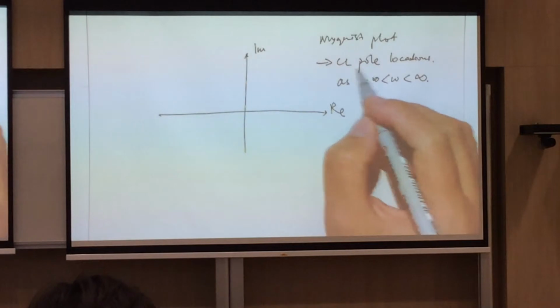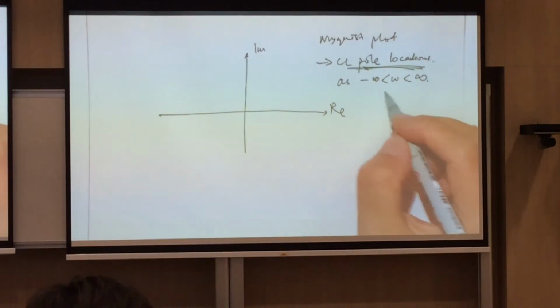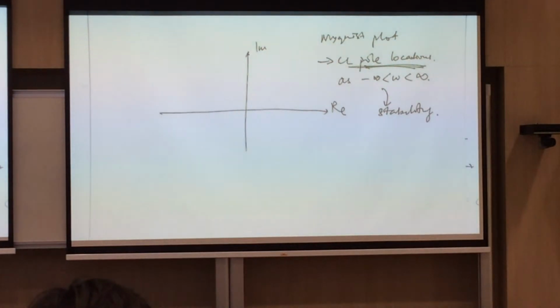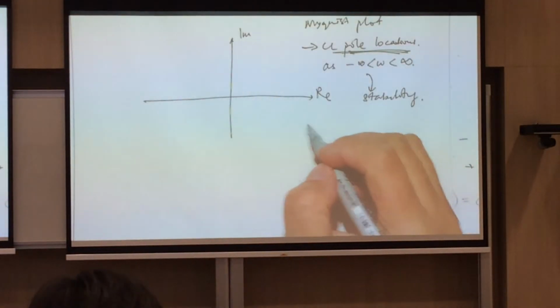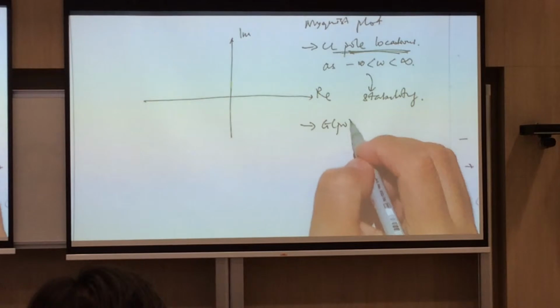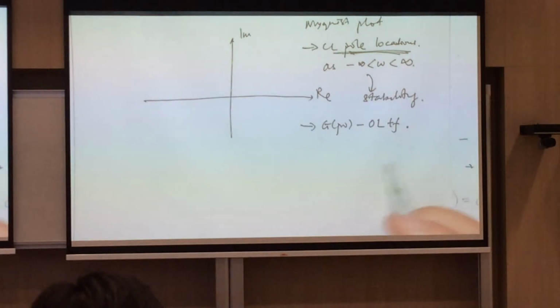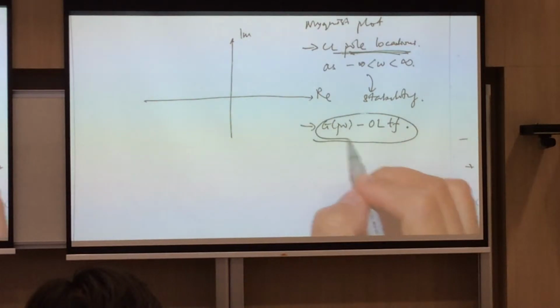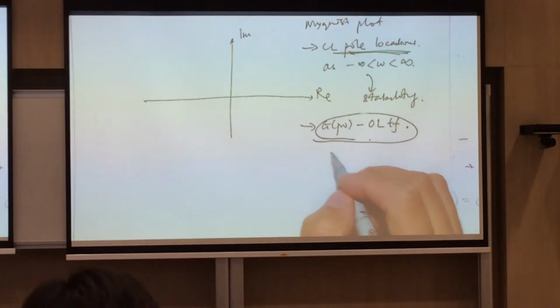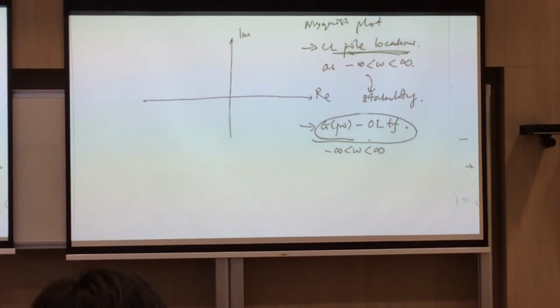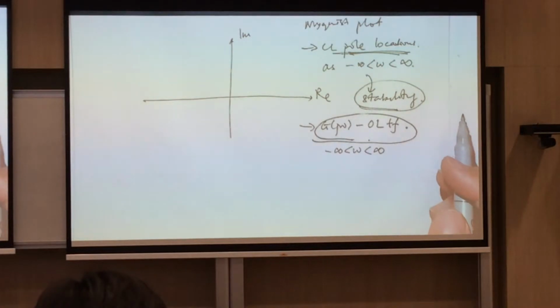You know something about the closed loop location because you know something about stability. Alright, but what is it that you plot? What you plot is G(j omega), which is your open loop transfer function. Okay? So by plotting G(j omega) for omega from minus infinity to infinity, you know something about stability, because of the Nyquist stability criterion.